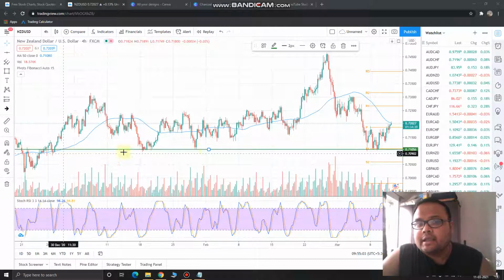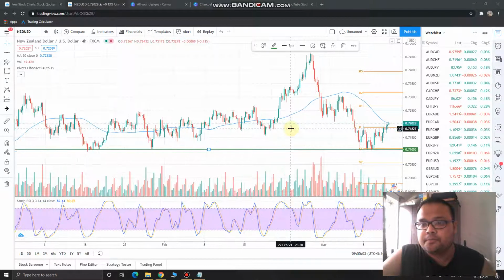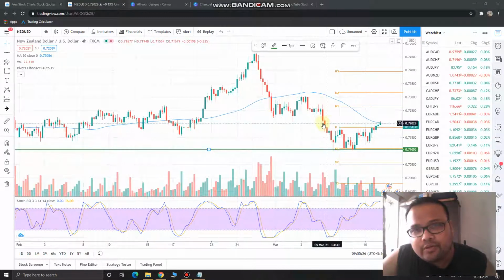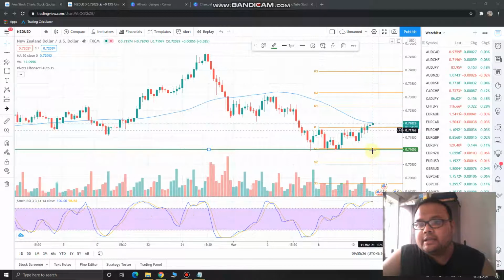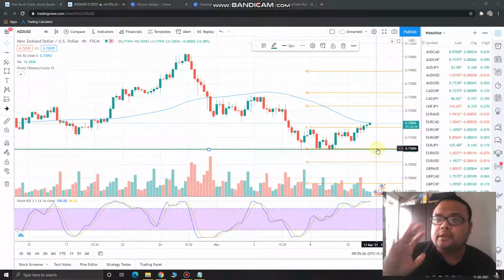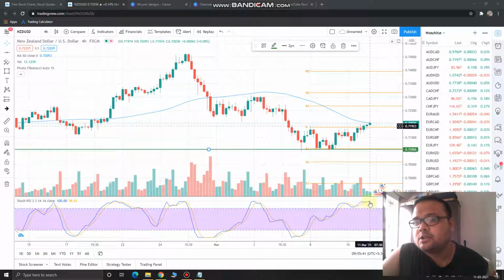So market has got extreme support at this particular zone. If you short the market at the 50 moving average, then this line is your take profit target. You need to come out of it, and market may reverse from here because stochastic RSI is also in the overbought zone.